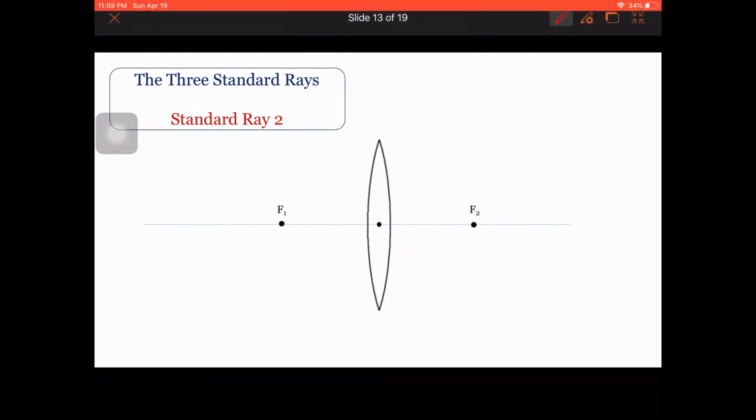Let's draw this one. This is the imaginary line going through the optical center of our lens. Standard ray number 2 is a parallel ray of light which will hit the imaginary line passing through our optical center, and after hitting this line, it will go through the principal focus on the other side. So this is our standard ray number 2.